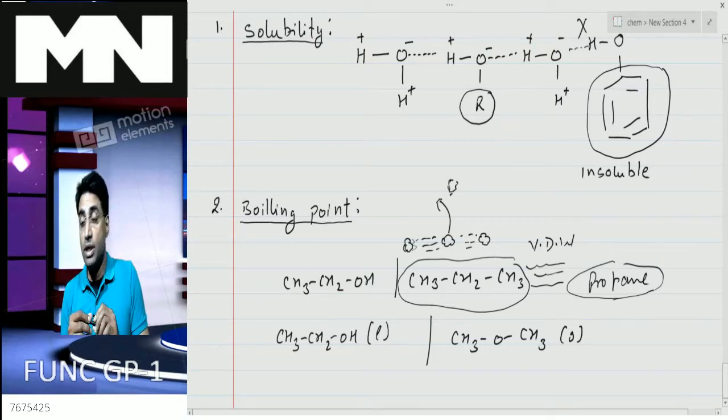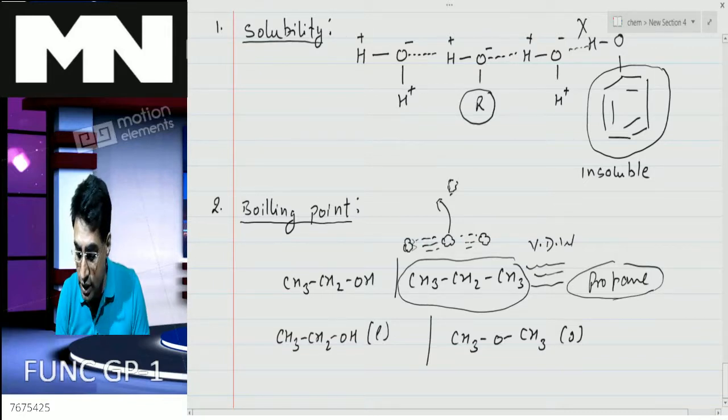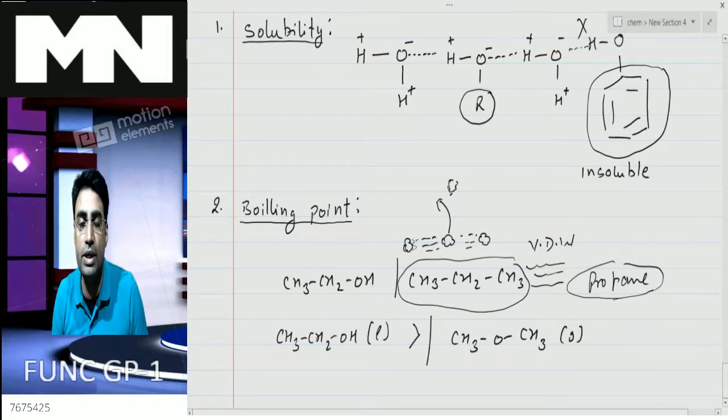And if they have the same molecular mass, they have the same van der Waals forces, so they should have the same boiling point. But ethanol, along with these van der Waals forces, has hydrogen bonding. So it is difficult to overcome its intermolecular forces, and that's why ethanol has a higher boiling point due to the presence of prominent intermolecular hydrogen bonding.